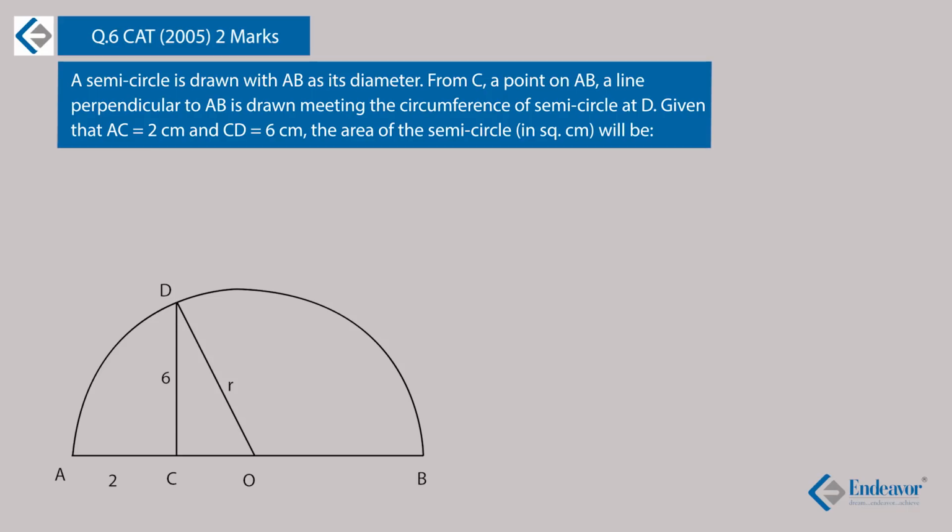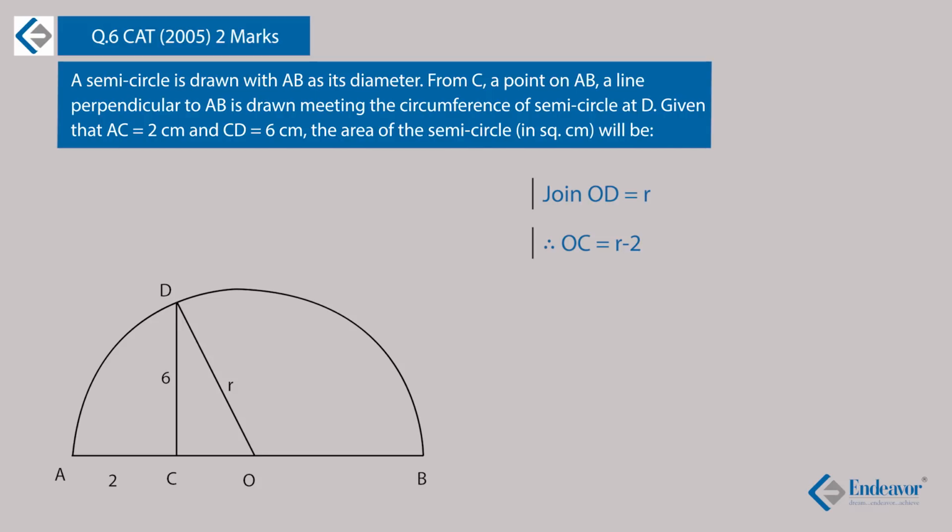We have a semicircle, AB is the diameter, and let's say O is the center of this semicircle. Now OD, let's assume it is small r. I have CD given to me as 6, and AC is given to me as 2. Now I know that OC will be equal to r minus 2 because OA is the radius.